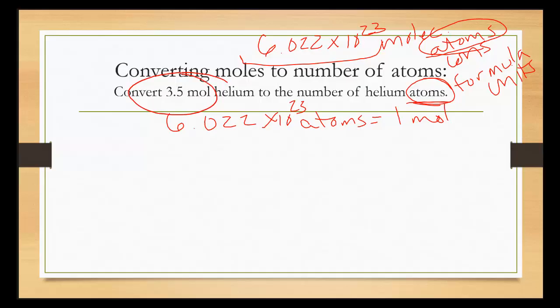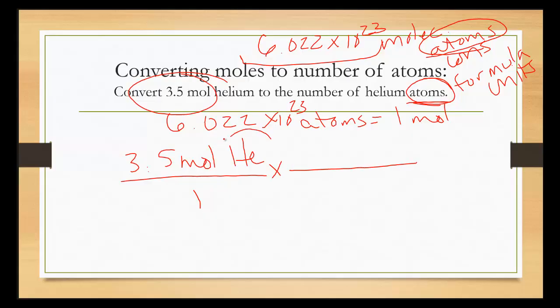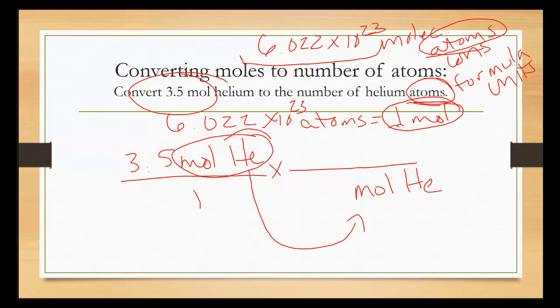So 3.5 moles of helium over 1. We have moles on the top. That means we're going to put moles on the bottom. So I'm looking at the conversion factor, and I look for the word mole. The number 1 goes with mole, and it's equal to, and we're going to put this on the top.